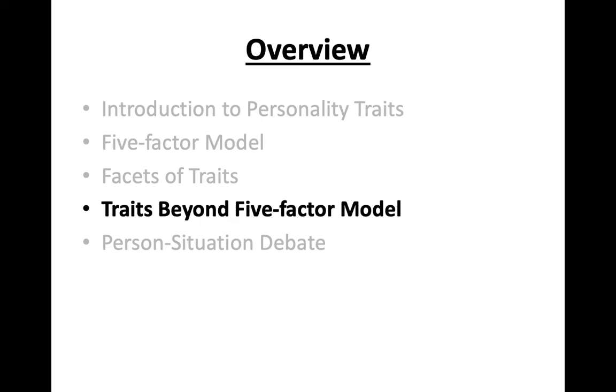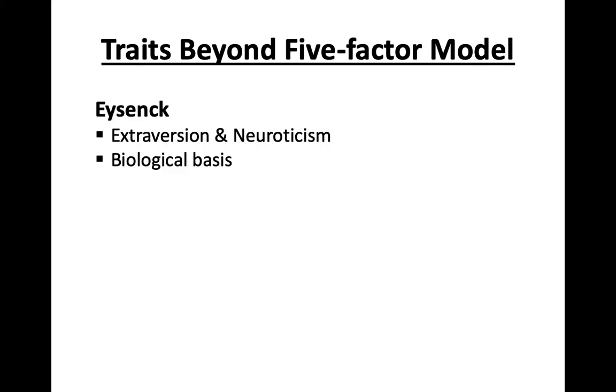Okay, so now we're going to talk about some personality traits beyond the five-factor model. Despite the popularity of the five-factor model, it's certainly not the only one that exists. And some psychologists suggest that there are more than 5 major traits, while some people believe that there's even fewer.